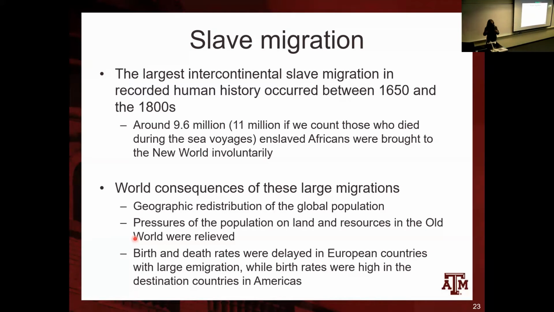And usually their fertility levels are higher than the population that was already there in the destination area, and usually higher on average compared to the population left behind, because of this desire to populate, to conquer, to create a new life in the destination, right?